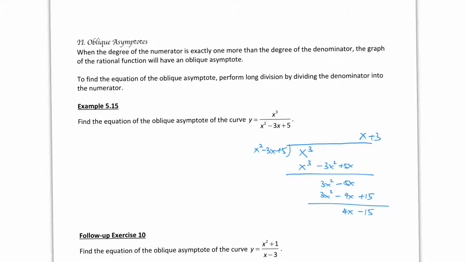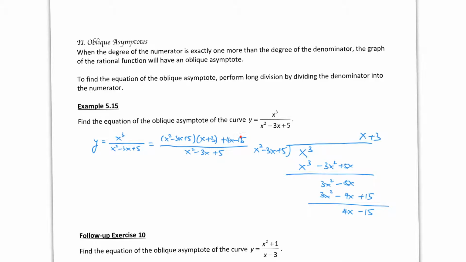What is the application of this long division? I know the dividend must be equal to the divisor times quotient plus remainder. And I want to change the original function. The numerator is our dividend, so I can change it to divisor times quotient plus remainder. Then I can change the form.